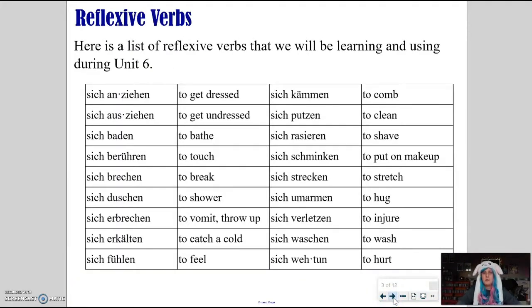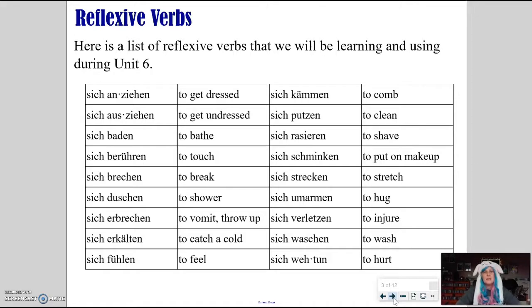For my German 3 students, this is a comprehensive list of all of the reflexive verbs that we will be learning and using during Unit 6. These come from multiple vocabulary lists and will be used in the exercises that we'll be practicing, and you'll see them in some of the examples in this lesson.